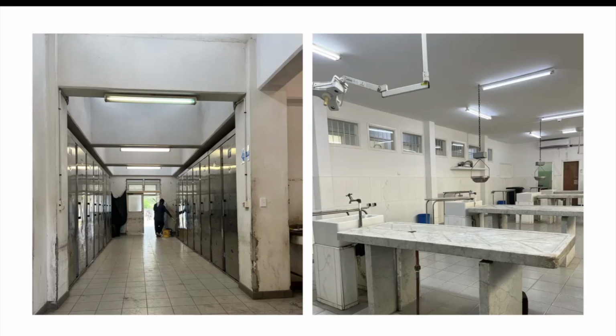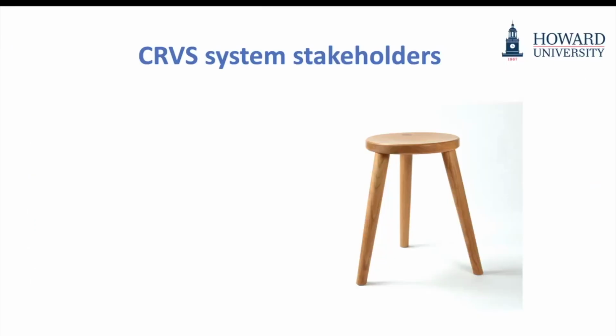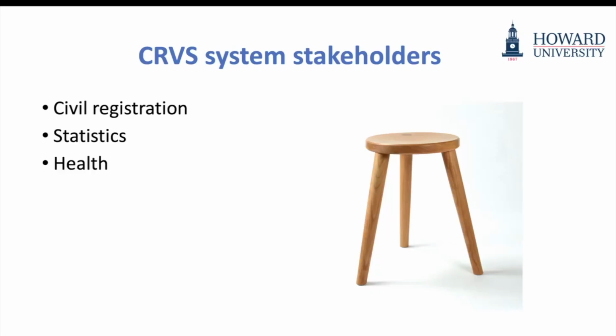Many interventions used in Data for Health to improve the quality of cause of death for natural deaths can be used to improve the quality of cause of medical legal deaths, but we have seen a need for modified approaches as well. For example, in CRVS work, we often engage with three core stakeholders: civil registration, statistics, and health. We can present this as a three-legged stool.